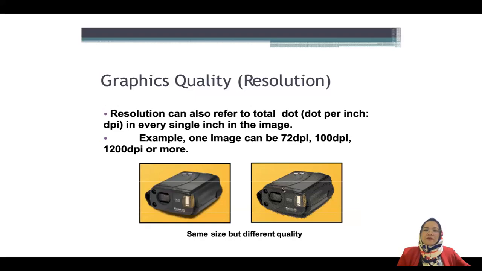For example, if you want to design something for the website, normally you can set standard to 72 dpi is enough already for on-screen view. But if you tend to use it for printing purposes, you need a higher DPI. You have to set it earlier, like 300 DPI and above. Meaning you have a higher quality of photo already. You want to make editing on the photo, you get into Photoshop software, right?